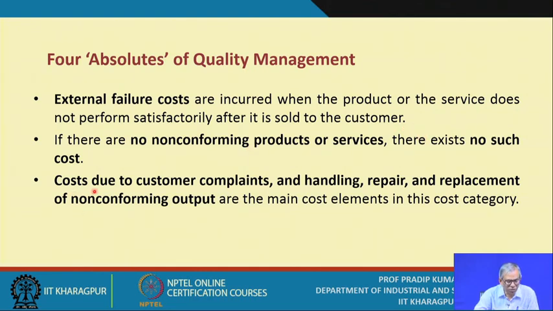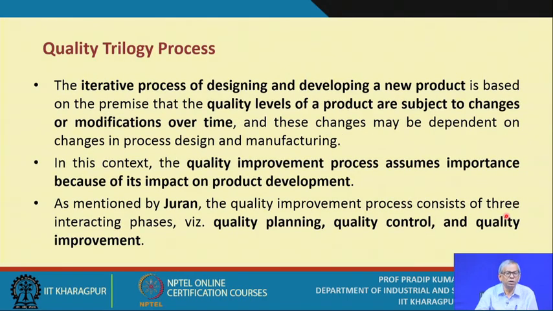Cost due to customer complaints and handling, repair and replacement of non-conforming output are the main cost elements in this cost category, particularly when you deal with industrial products. So you should be aware of the external failure costs. In many cases, if you do not have any mechanisms to control the external failure cost, your quality of performance will be extremely poor.